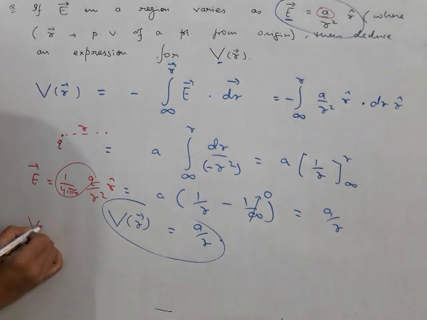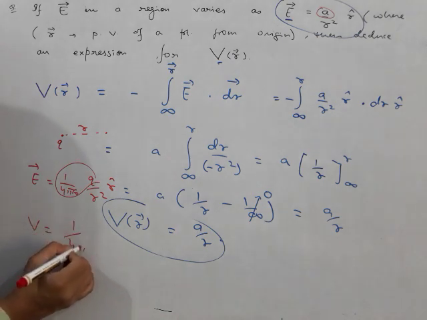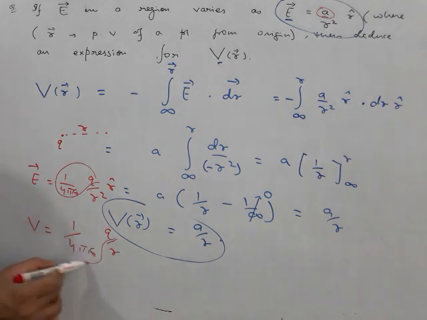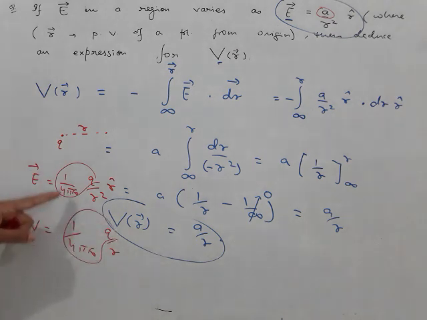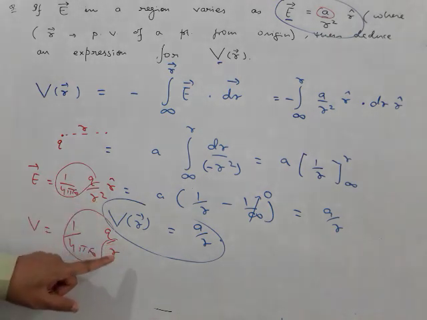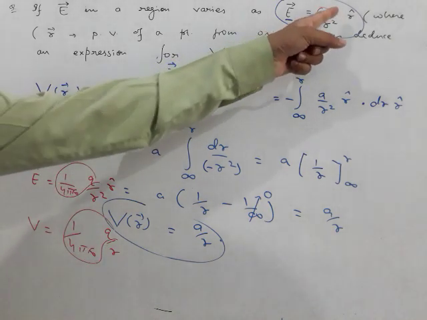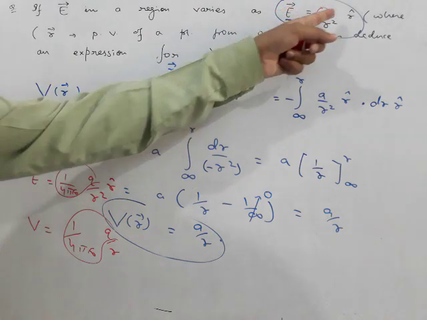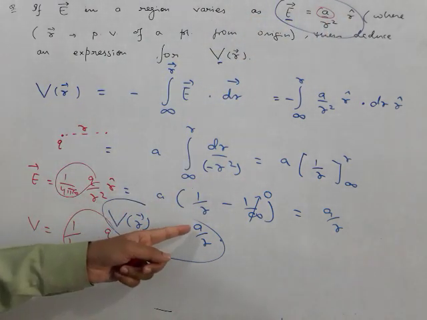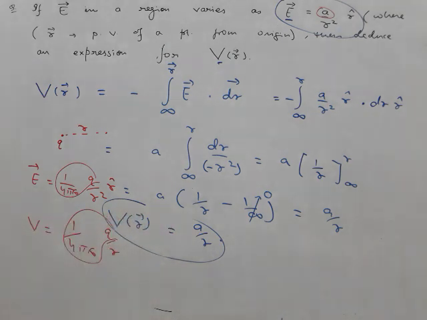And the potential, how much do you know: 1 by 4 pi epsilon naught times q by r. These two constants are the same, 1 by 4 pi epsilon naught times q; here it was 1 by r square, here it is 1 by r. That's why for an electric field with 1 by r square r cap variation, we have got a variation of 1 by r in potential.